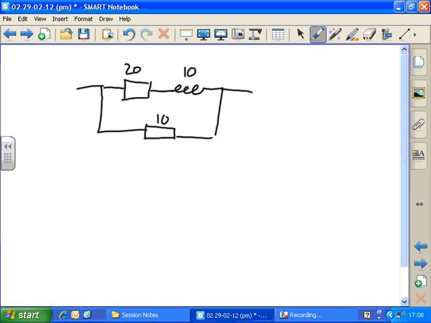So it will have an inductive and a resistive element to it.